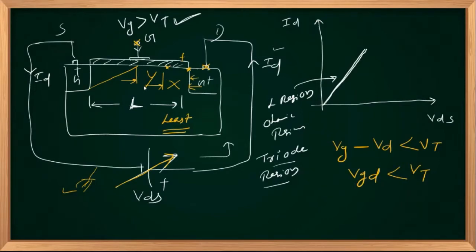And we cannot say that due to the discontinuous channel, the current flowing through the channel is equal to 0. Why? Because if you say the current is 0, then there is no potential drop across the channel.